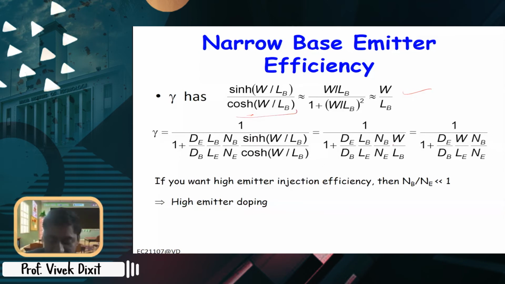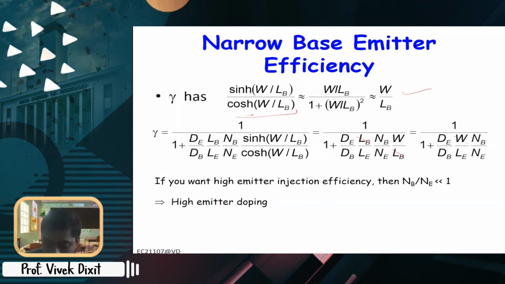If you substitute it here, it will be 1 over 1 plus the factor NB W by DB LE NE LB, right? So LB and LB will cancel, and you will have W by LE basically.